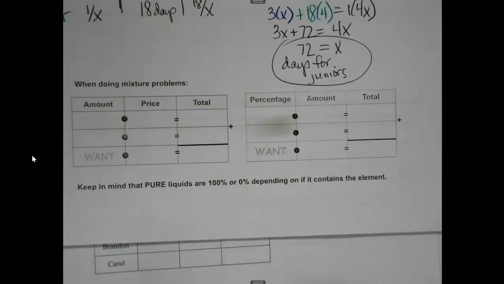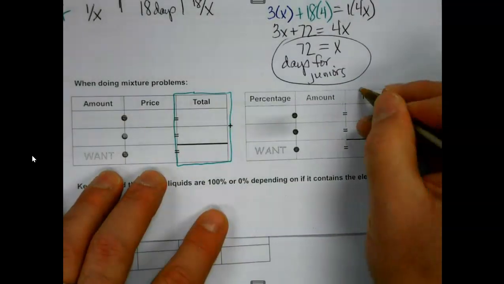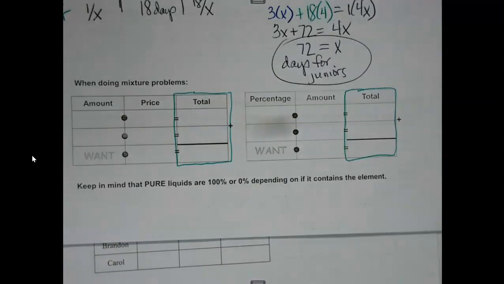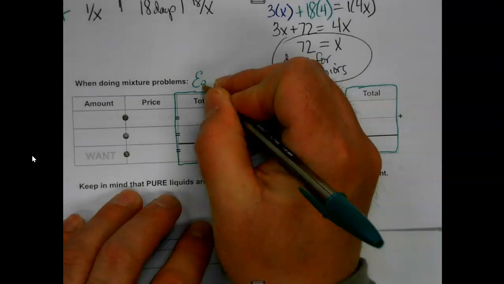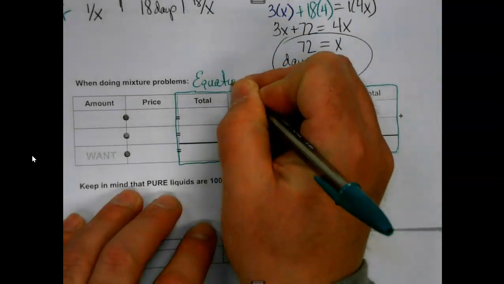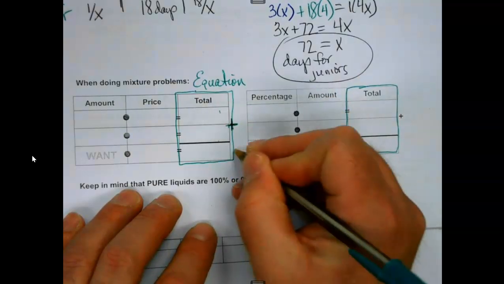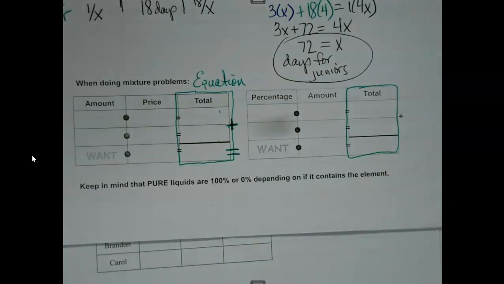But here's what I want you to know as we move forward with this. If you make these charts, the equation that you're solving is always going to end up in this last column. You're going to add these two together, and it's going to equal what's on the bottom. So you're not going to have to worry about what side of the equation this goes on.